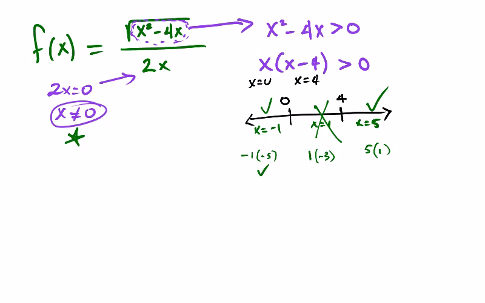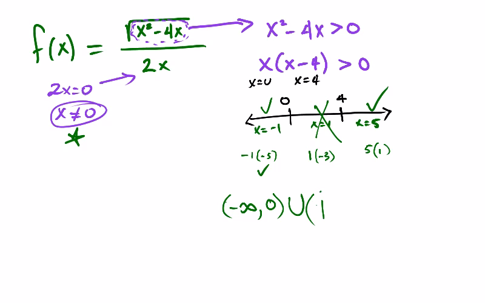We have that over here. But I do want x to be from negative infinity up to 0, but not equal to it, with the union of 4 to infinity. Could it equal 4?